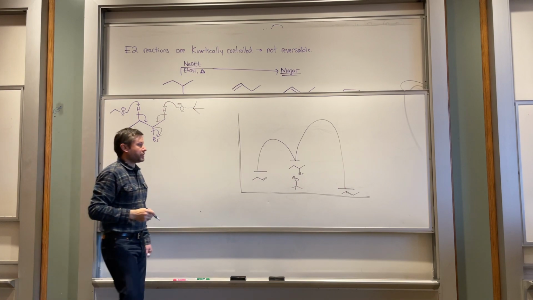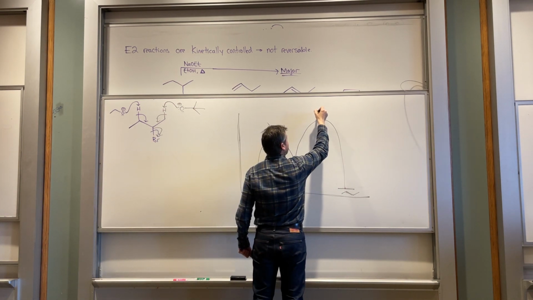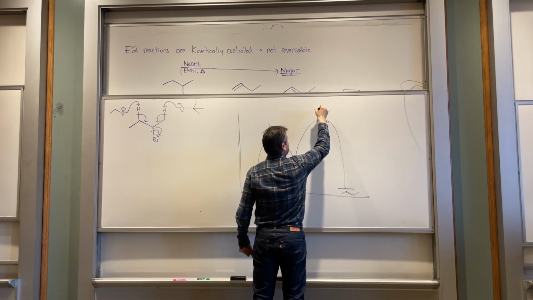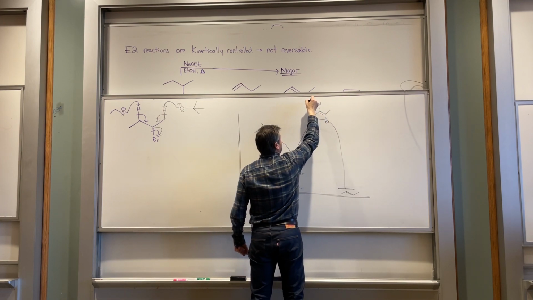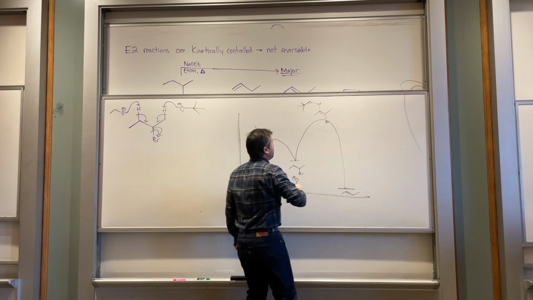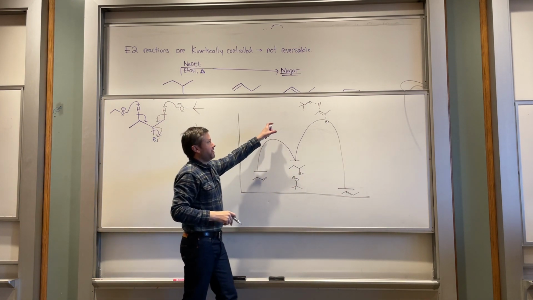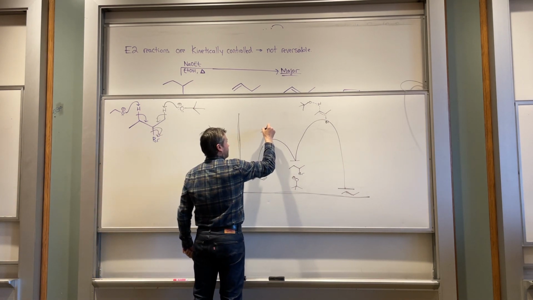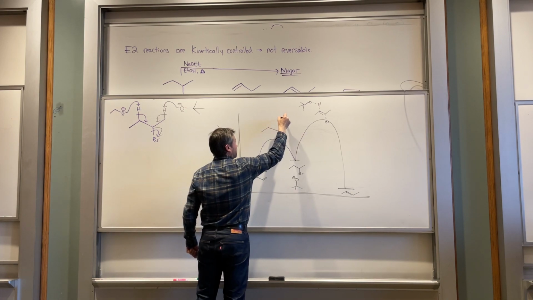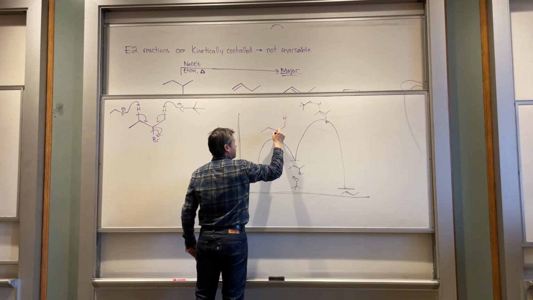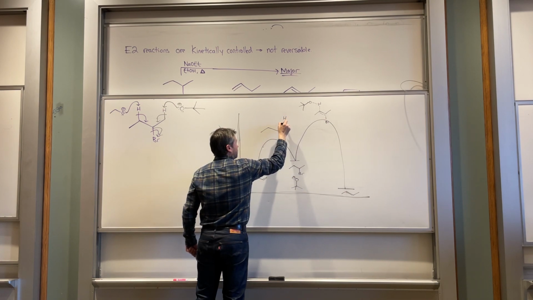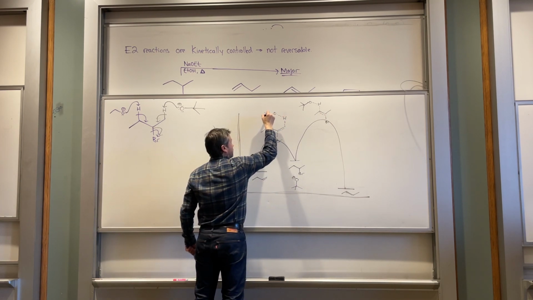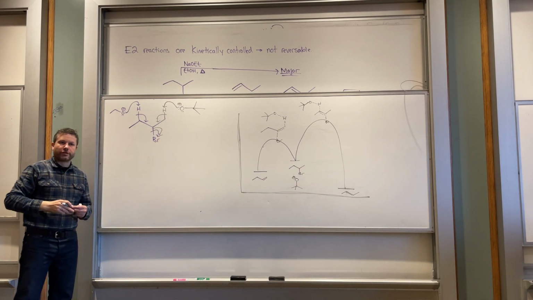Yeah, so when you think about the transition state here, you have the secondary proton being pulled, and this is not very illustrative of how much those two things have to interact. But for the transition state leading to the major product, we're pulling the more available proton.